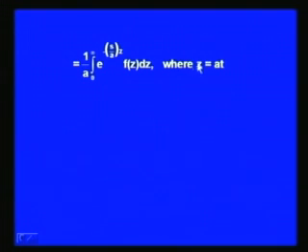Let us put z equal to at now. So, then e to the power minus st will become e to the power minus s over a into z, f(at) will become f(z), dt will become dz by a, and the limits will become 0 for the lower limit, because when t is 0, z is 0, and infinity for the upper limit, because we have assumed a to be positive.